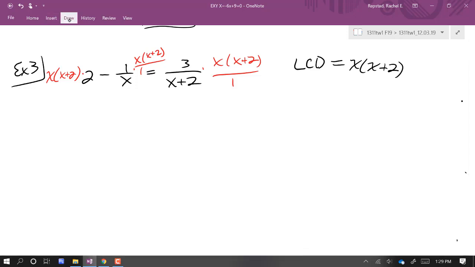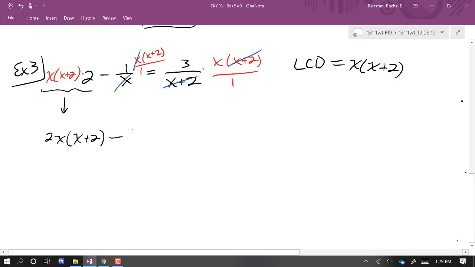So we could do some canceling here and here. And then what we're left with is 2x times x plus 2 minus x plus 2. I'm keeping the parentheses because I have to make sure I'm subtracting that whole thing. And on the other side, just 3x. Distribute that 2x.